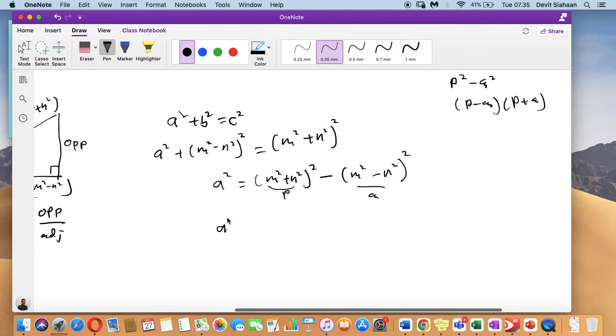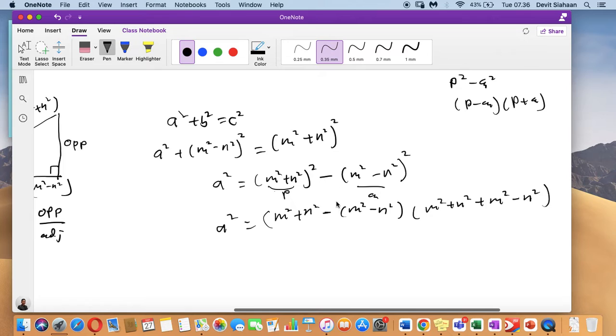In the factorization form, the first one is m square plus n square minus m square minus n square, times p plus q, which is m square plus n square plus m square minus n square.